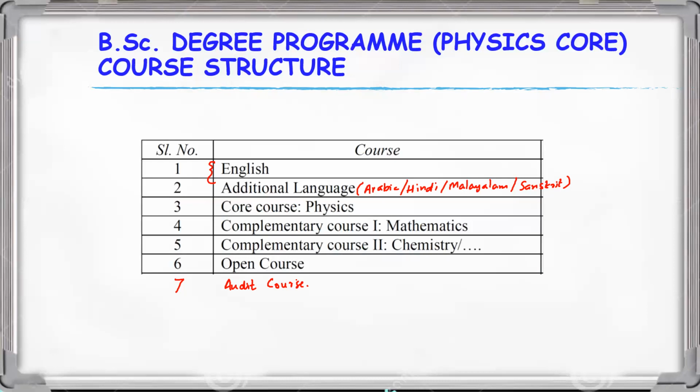In the 4 semesters, you should have at least one paper or one course from the core and each complementary.